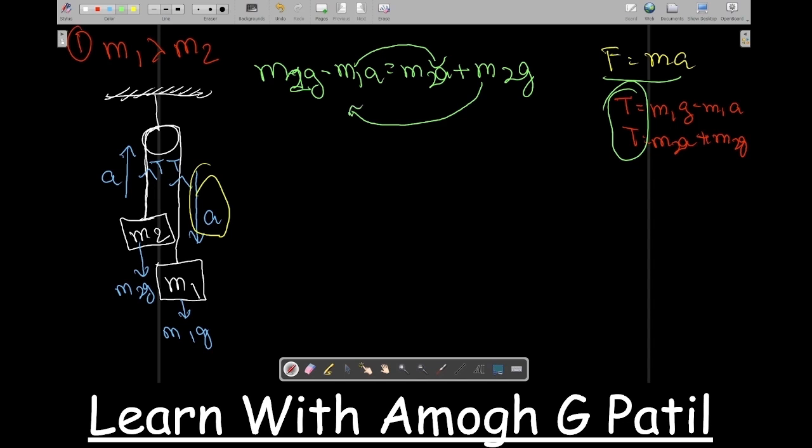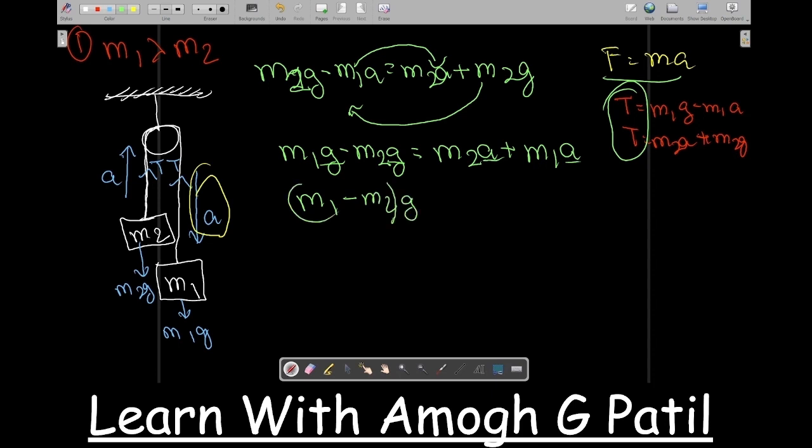So I will get M1g minus M2g is equal to M2a plus M1a. So we'll take g and a common. So M1 minus M2 into g is equal to M2 plus M1 into a.